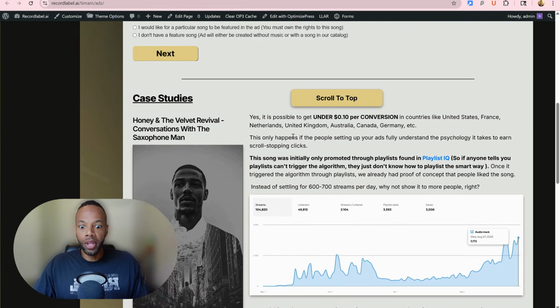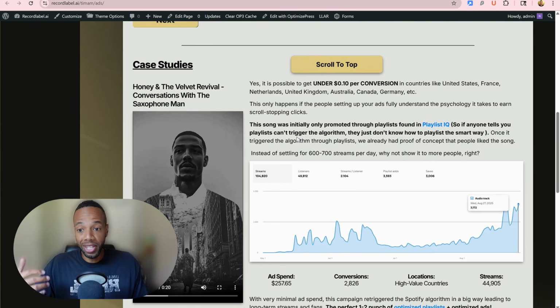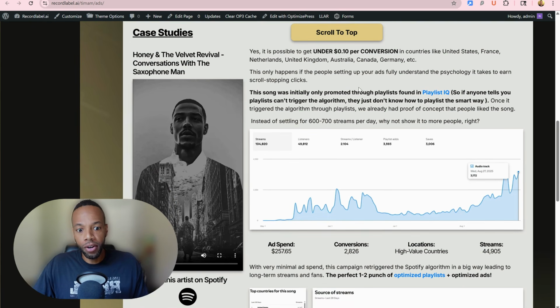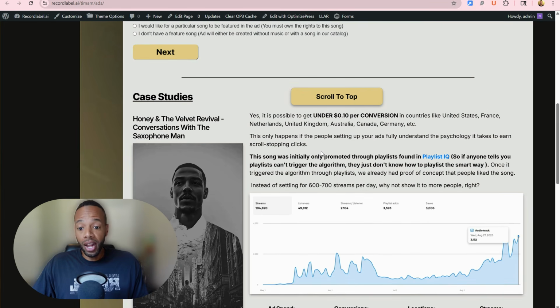There's a lot of people who can get maybe 15 cents per conversion in Brazil or Mexico, and that is really good. But when you get it in the higher cost countries, it's because we've run so many ads and we know so much about hooks and keeping the attention of the listener that we extend that to every campaign we can. That doesn't mean we can make a bad song sound good.